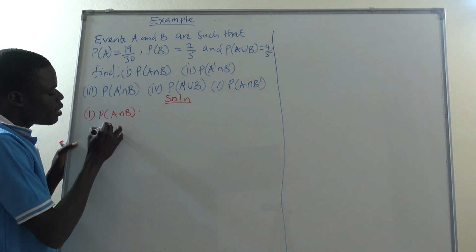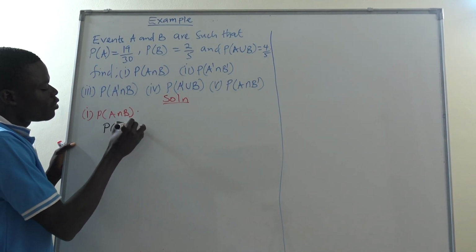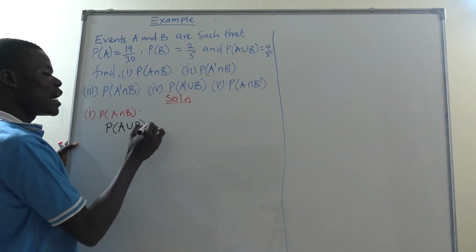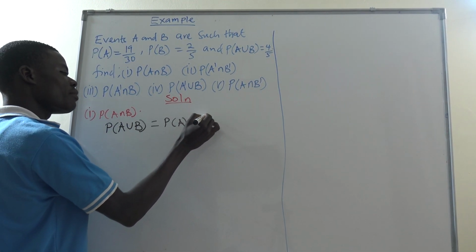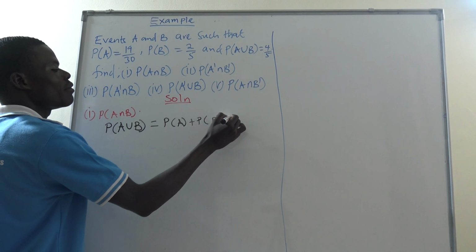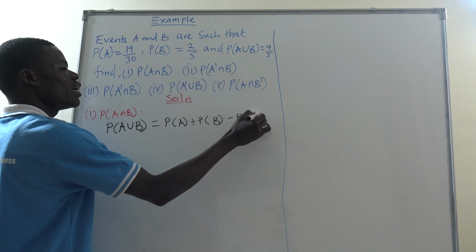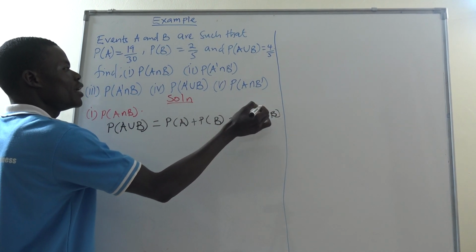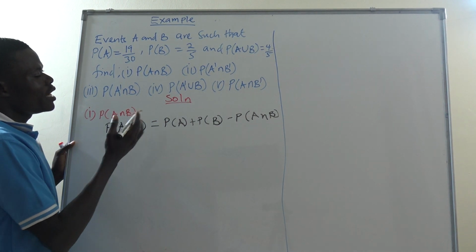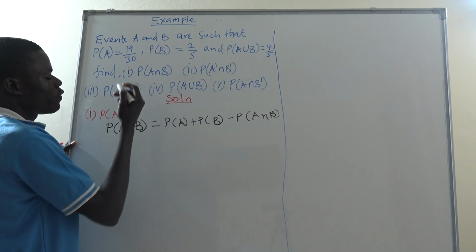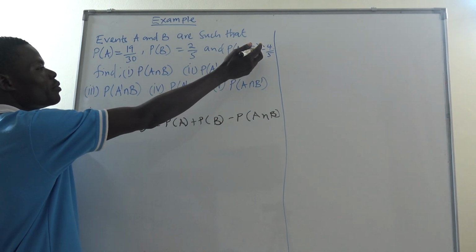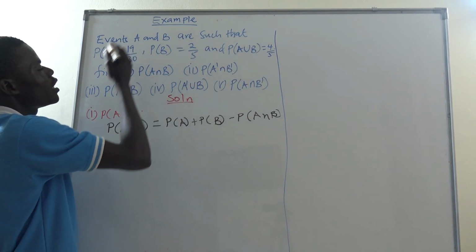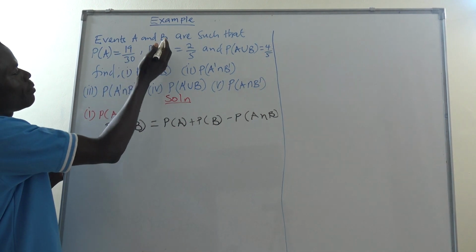From probability of A union B, we know that it is given by probability of A plus probability of B minus probability of A intersection B. In this case, we have decided to use this one because we have been given this and we have been given A and B.